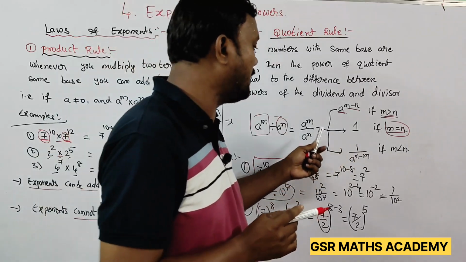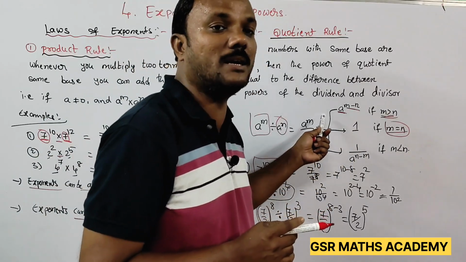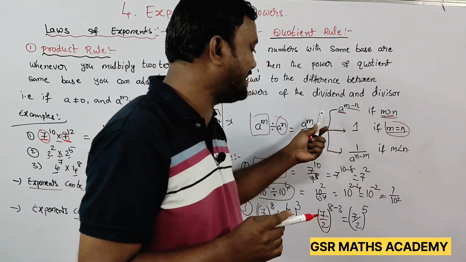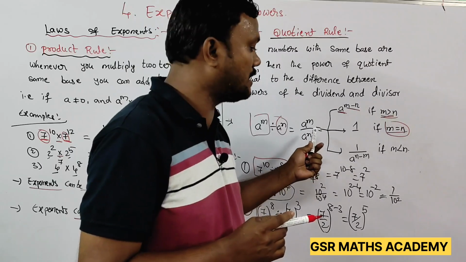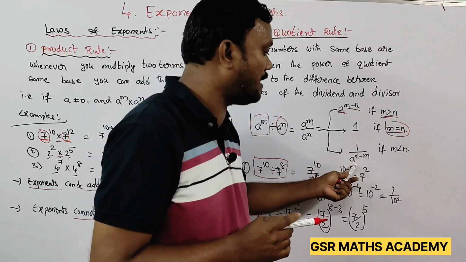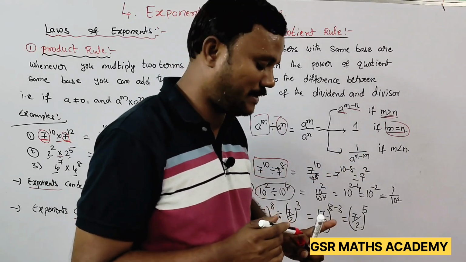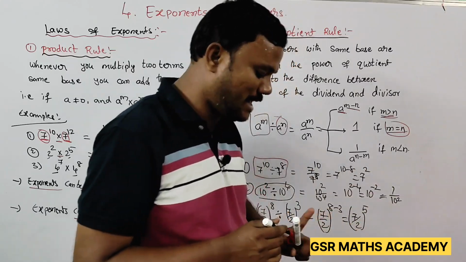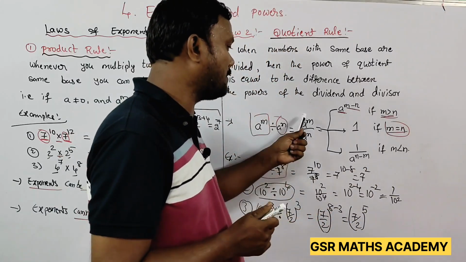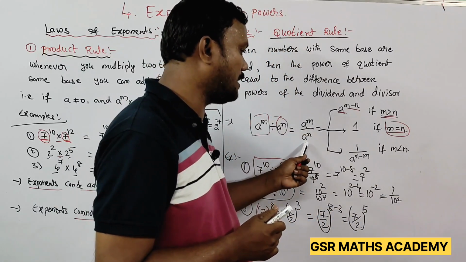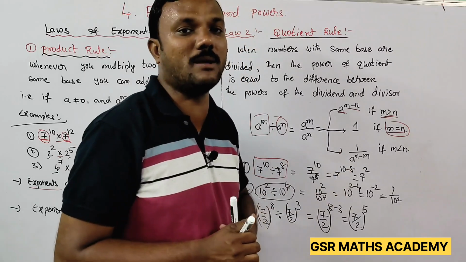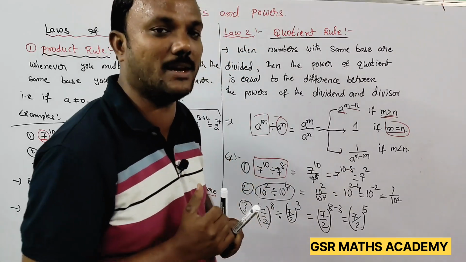And if the power of the dividend is less than the power of the divisor, that means m is less than n, then a to the power of m divided by a to the power of n can be written as 1 by a to the power of n minus m.